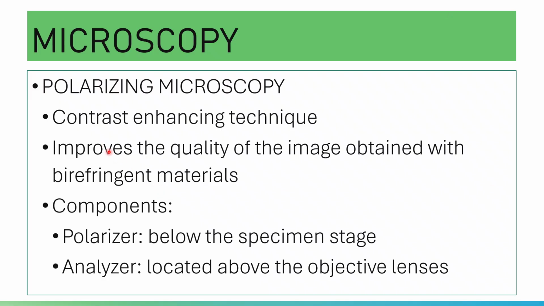Your polarizing microscopy is utilized for identifying crystals like uric acid crystals, calcium oxalate, or cholesterol crystals, minerals, fibers, amyloids, and other structures like muscle, collagen, or others accordingly.